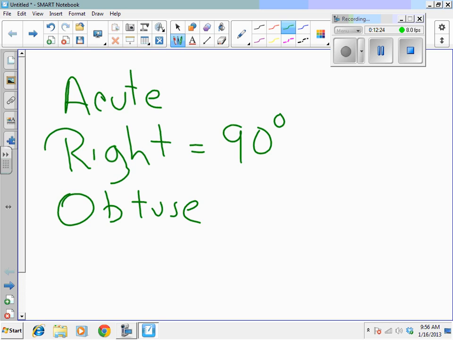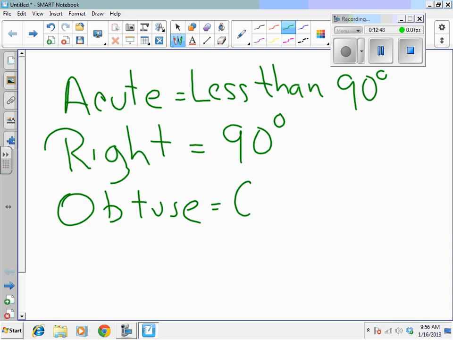An acute angle measures less than 90 degrees. And of course, an obtuse angle is what? Greater than 90 degrees.